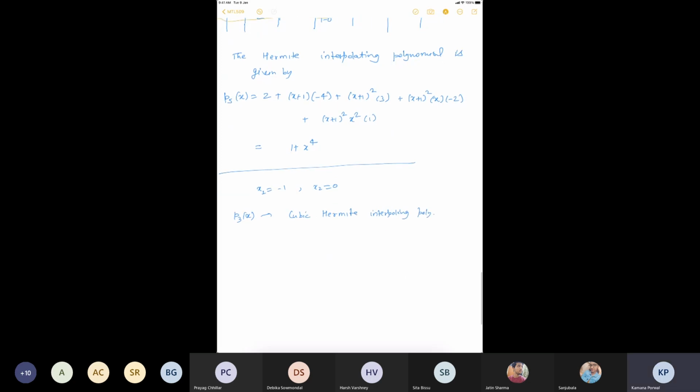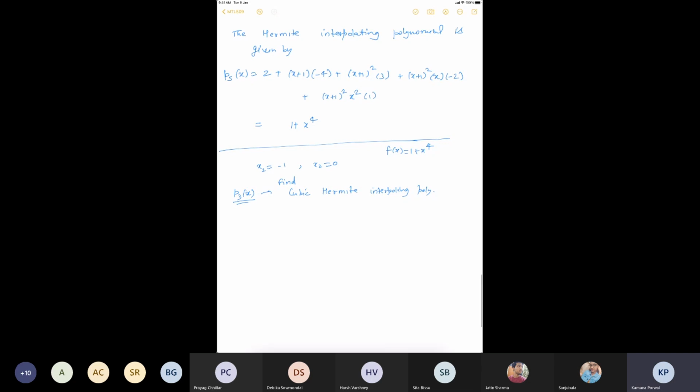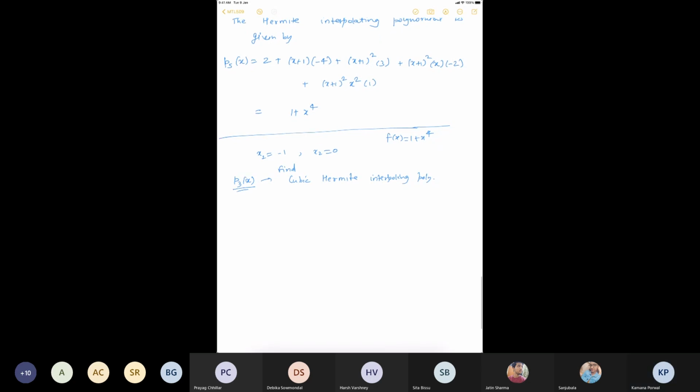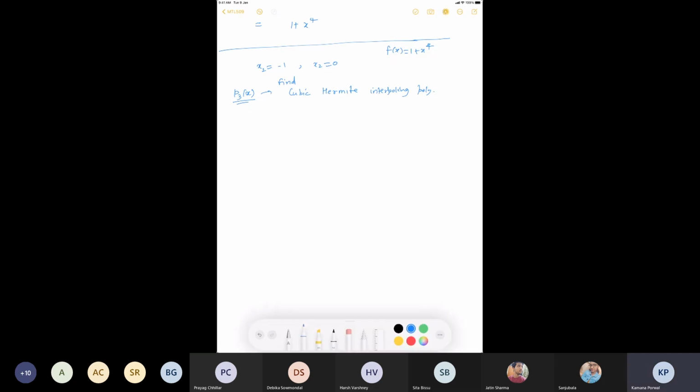So you just find out what this P3 of x is going to be with this data. You take the function to be the same, f of x is equal to 1 plus x raised to power 4. Okay. So is it okay so far? All right.